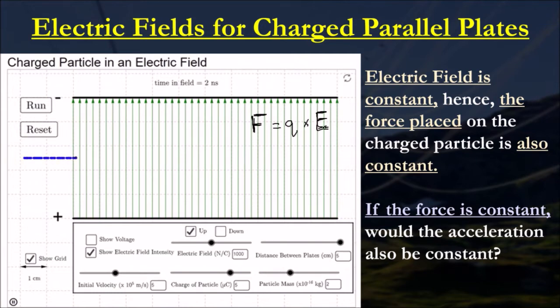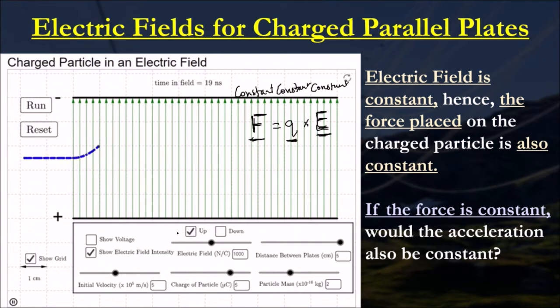So for a charged plate, if E is constant and the charged particle is constant, because if you fire an electron, the electron only has the same amount of charge anyways, then the force applied to our charged particle is also constant. So that's constant, and this is also constant.